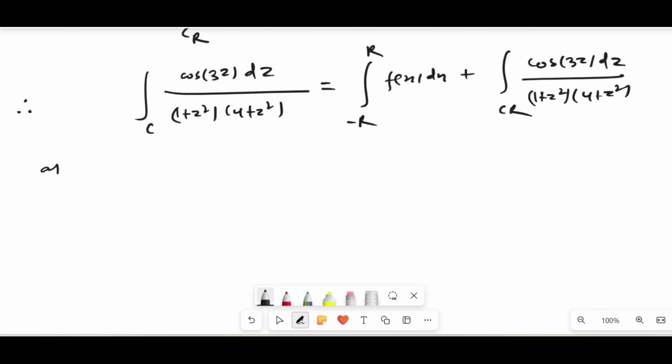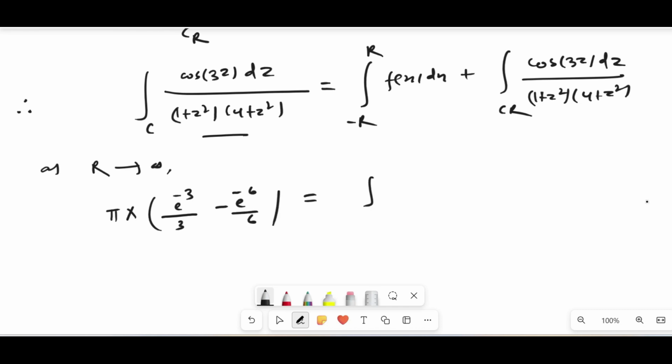Now as r tends to infinity, the value of this integral will be pi times (e to the power of negative 3 over 3 negative e to the power of negative 6 over 6). This will be the integral from negative infinity to infinity of f of x, that is cos 3x dx over (1 plus x square)(4 plus x square), and the curve part will be 0.